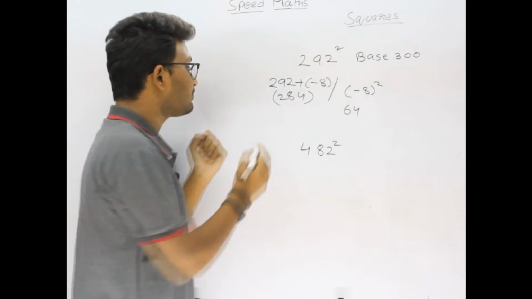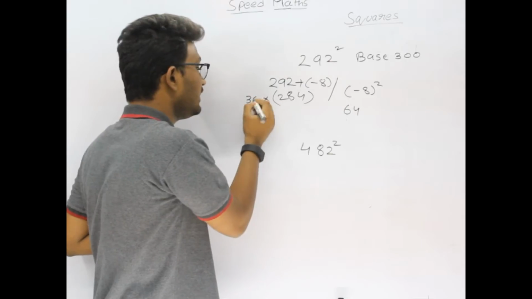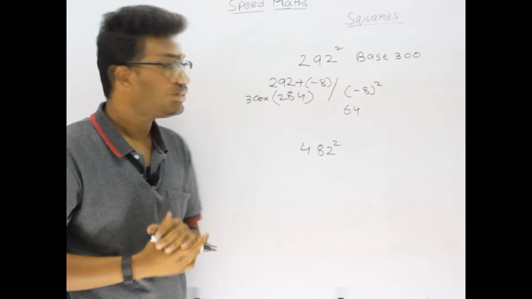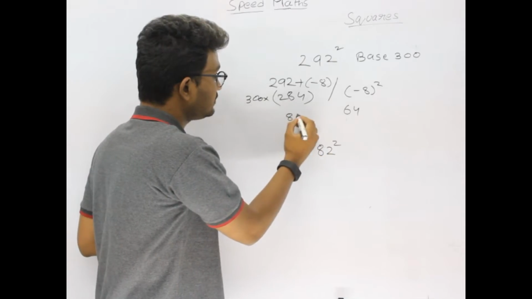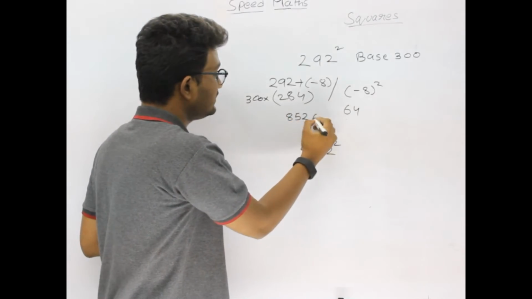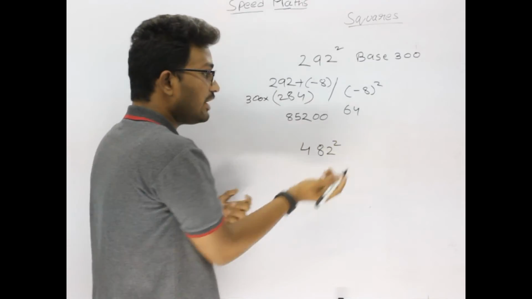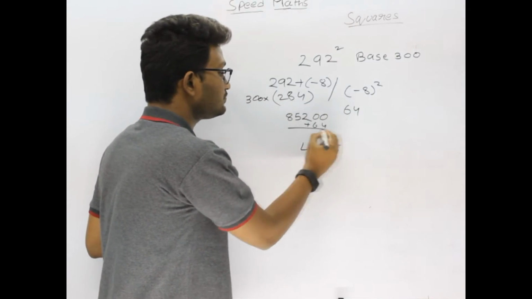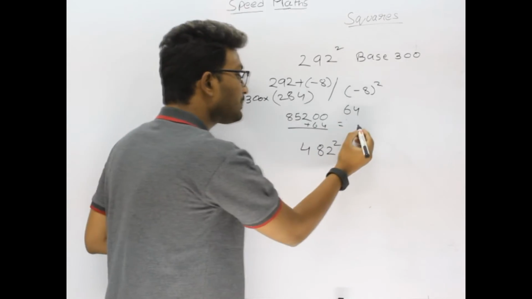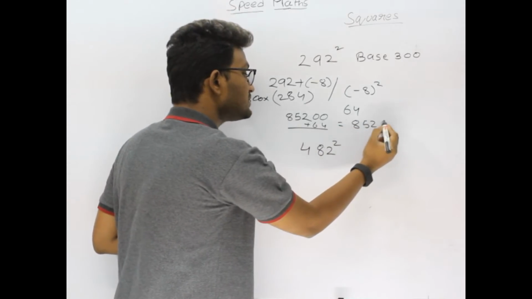So 300 into this 284 will be 85200. Now we have to add this 64 to this. So the answer will be 85264.